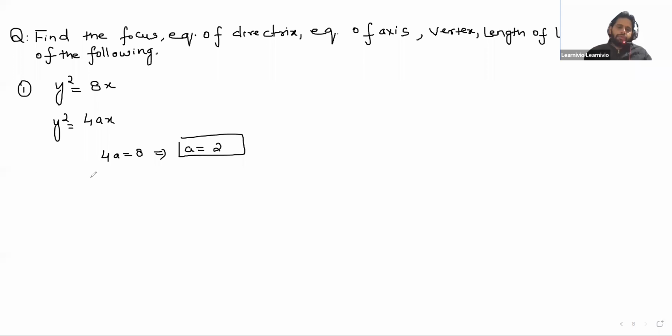So Rutvika, what is the focus of this? Y squared is equal to 4ax. Please check the graph. No, this is a comma 0.